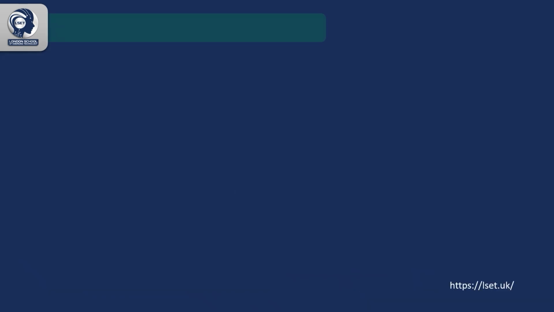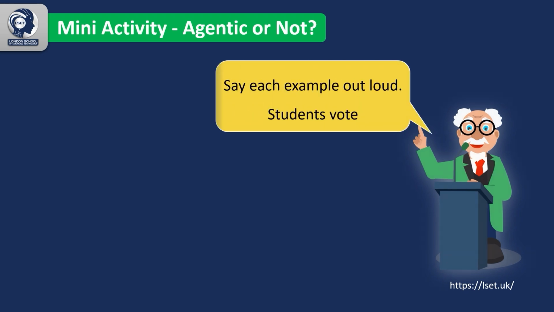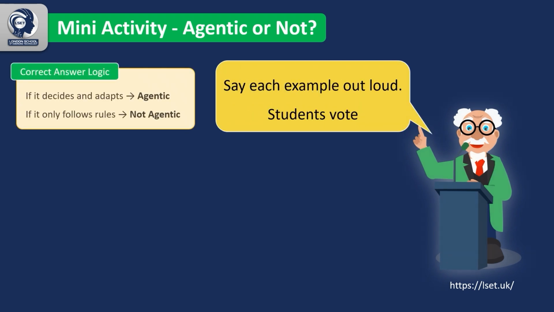Let us do a quick mini activity. You will see a few everyday examples on the screen. Say each example out loud and decide whether it is agentic or not agentic. Use this simple rule to help you decide. If a system decides and adapts, it is agentic.